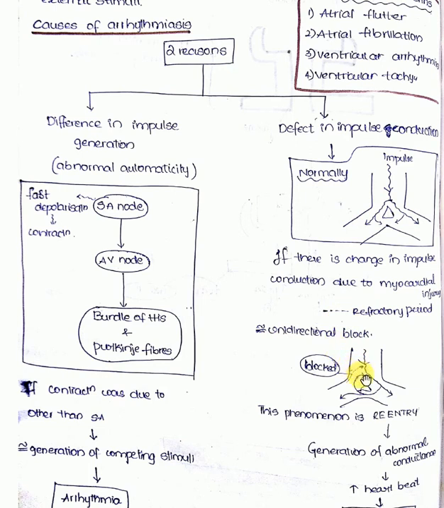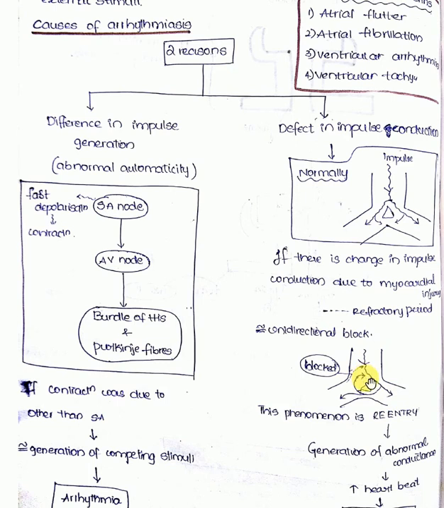So here we see a block in this direction, so the impulse moves from here to this side. From this side the impulse moves back to the origin, and it again enters in one direction, and it also enters into this direction. So here re-entry takes place, that is, the impulse is moving from this side and then again re-entering the original action potential.